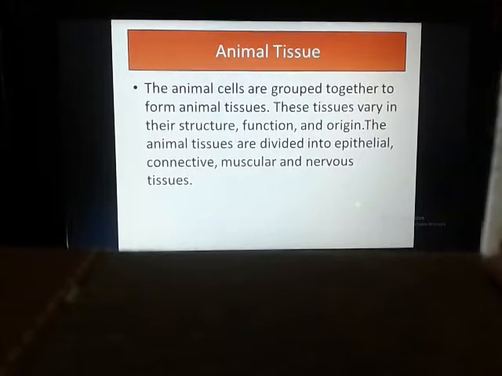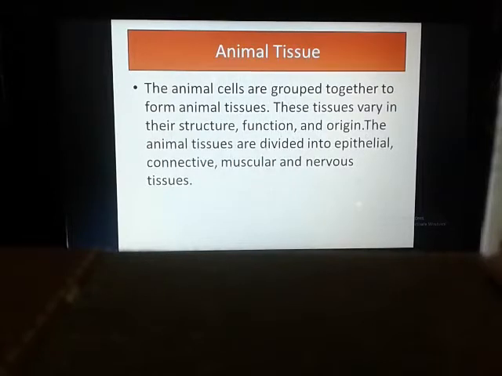Like plant tissue, where tissue is formed when cells are combined together, animal cells are grouped together to form animal tissues, and these tissues vary in their structure, function and origin.